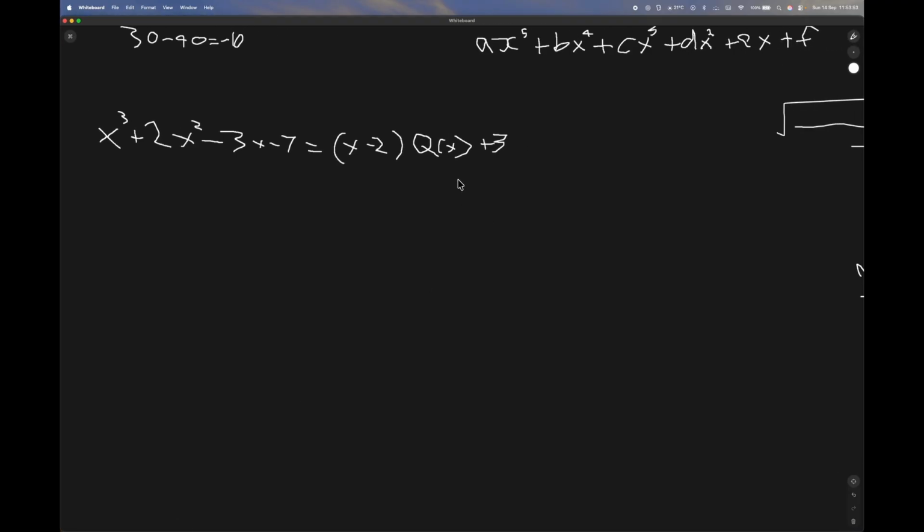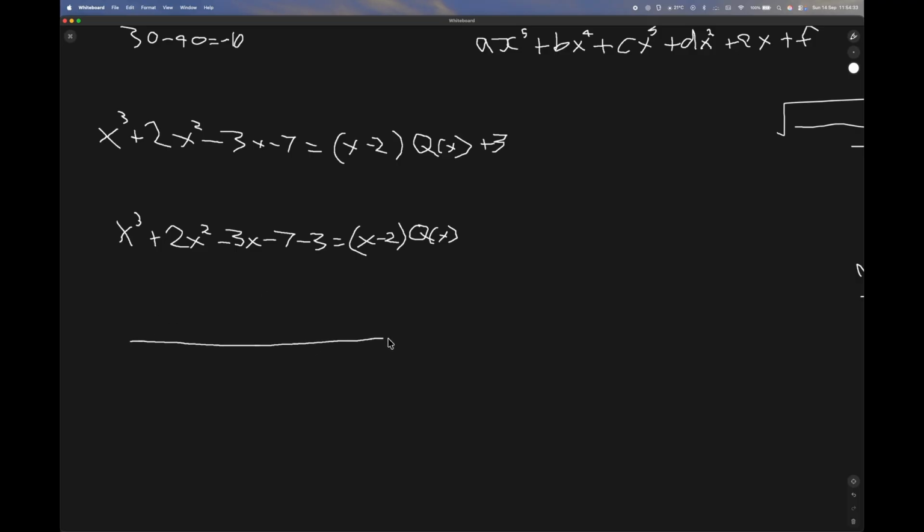Yes. We're going to move the plus 3 to this side. So we're going to get x to the 3 plus 2 times q of x. Okay. So now let's divide both sides by x minus 2.